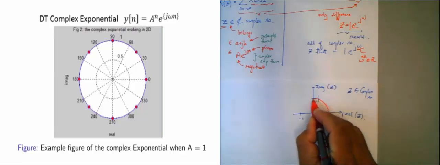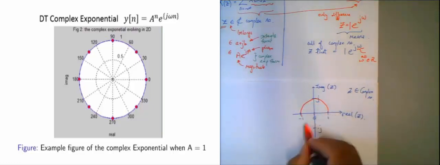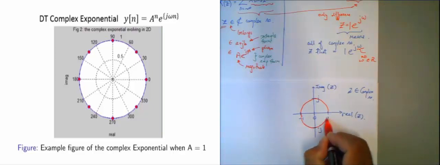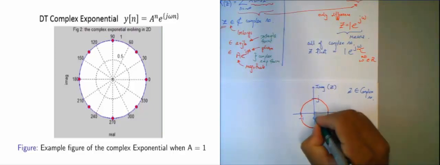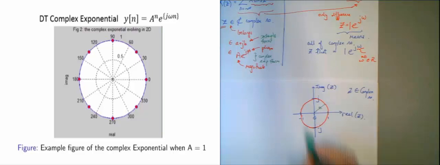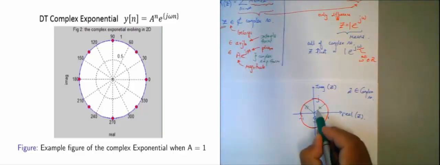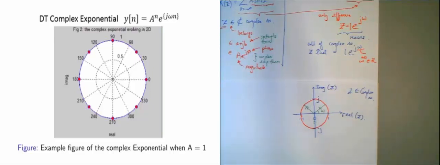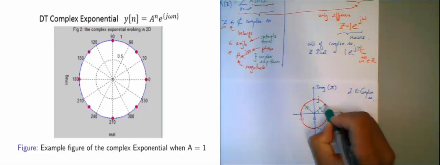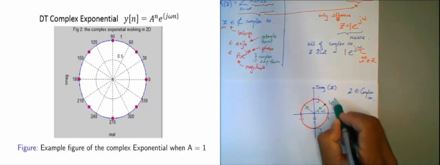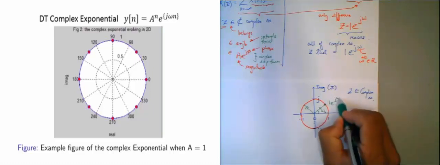This circle is called the unit circle because it has radius 1. Any value along this radius is 1. And this is omega, correct? So this point is 1 e to the j omega, at omega 0.